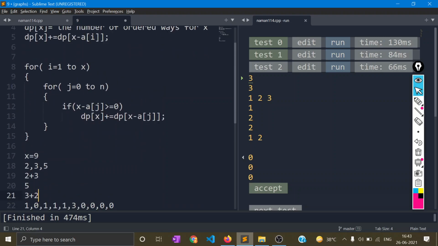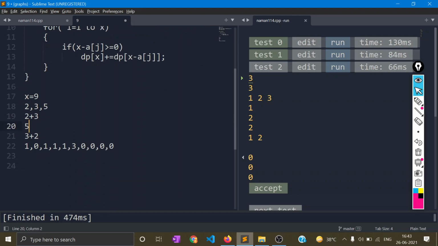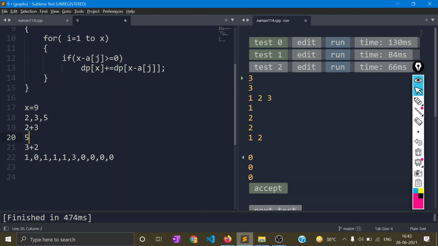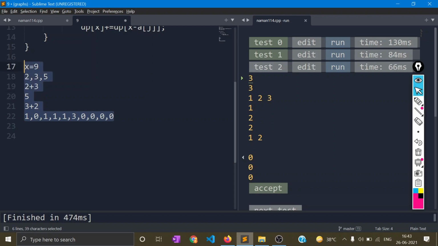But if I consider all combinations of x for every i, then we would be considering ordered ways only. So let's see the dry run approach of this also.